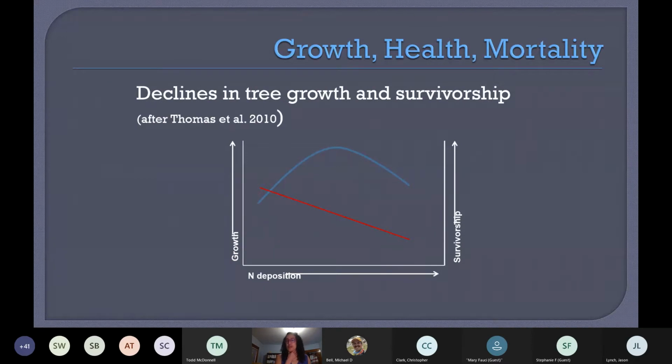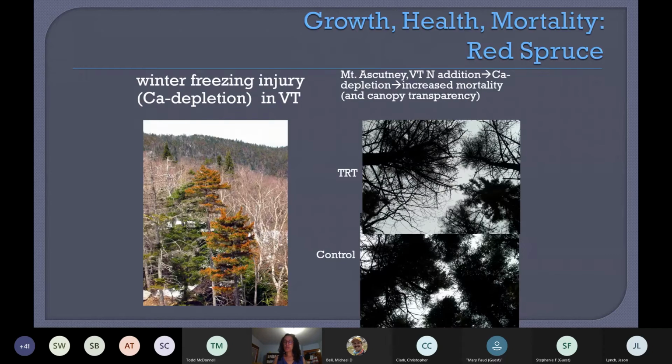For some tree species, and I'll talk about this quite a bit, we see declines in growth or survival with increasing N deposition. There are other, sometimes multi-step, impacts too, besides the growth and survival responses.